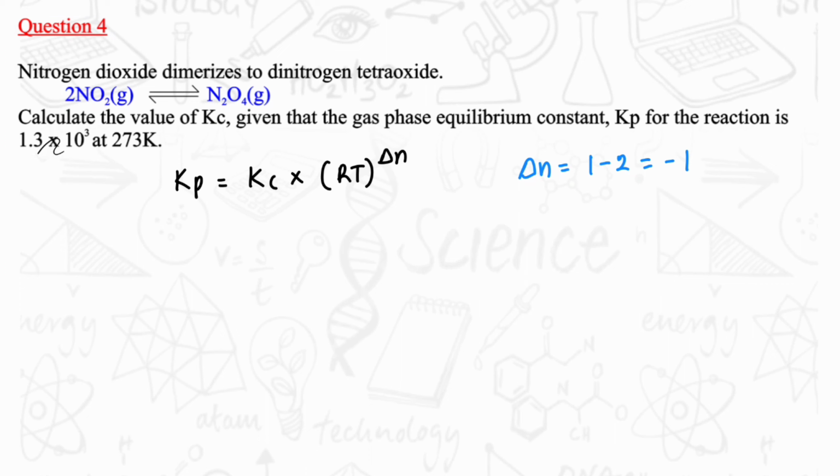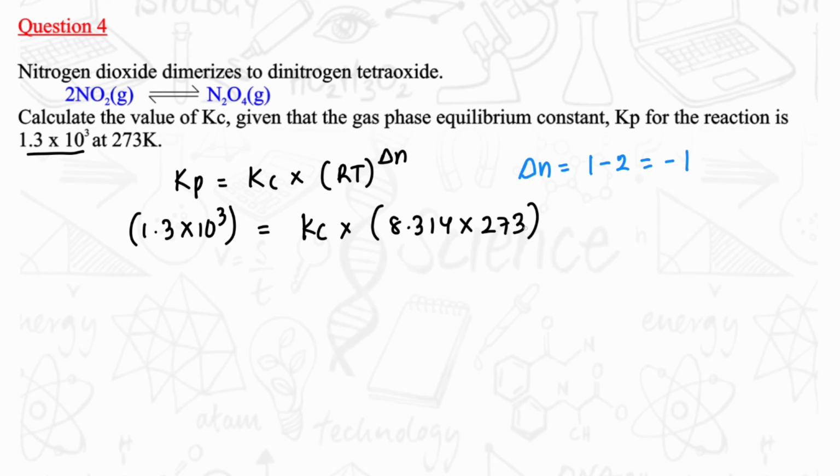Now they have given the Kp value, so that is 1.3 times 10 to the power 3, and we have to find the Kc value, and this should be 8.314 times 273 to the power minus 1.